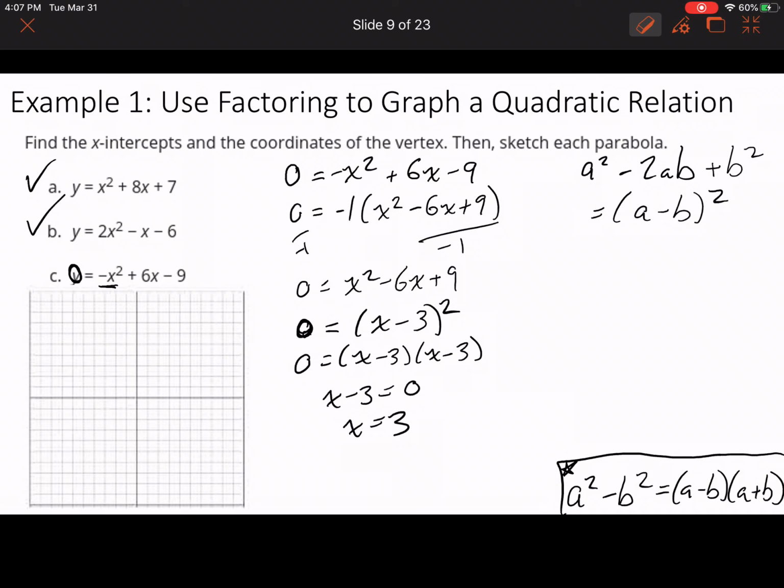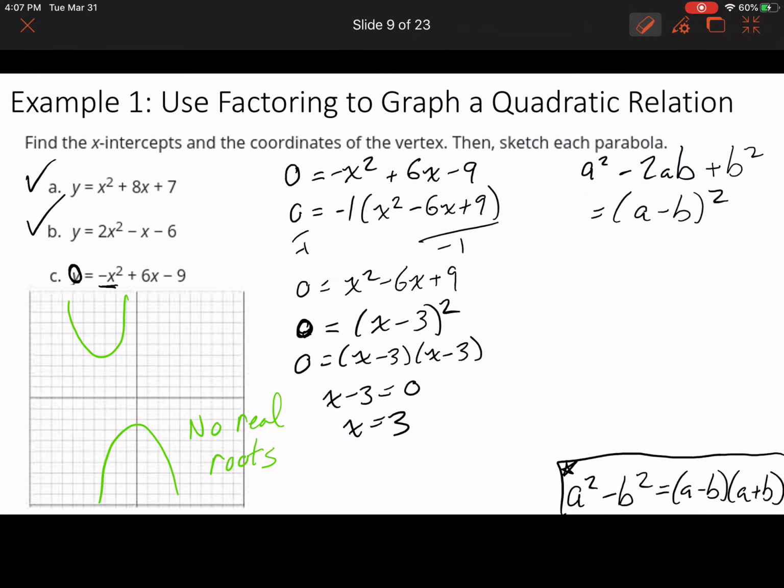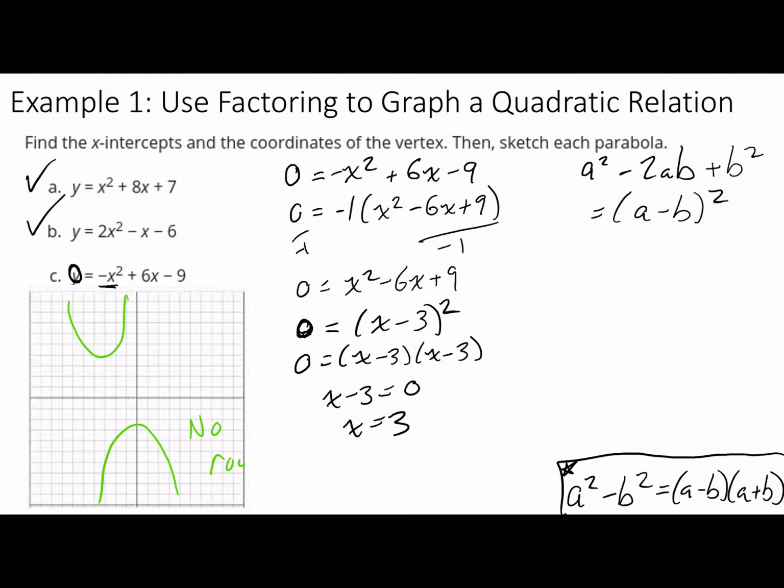But now we also have ones that look like this or like this that never cross the x-axis. So they have no real roots. And we're going to talk about this in another lesson. Those ones have no real roots. They do not cross the x-axis. They have no x-intercept.